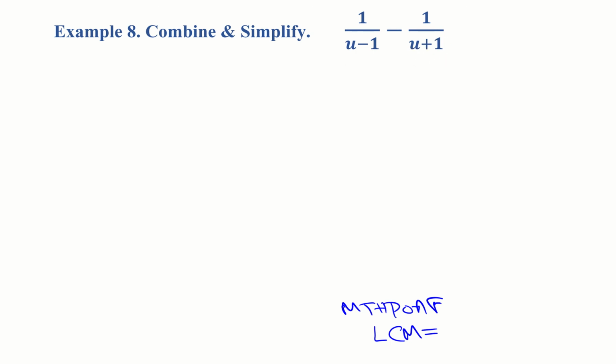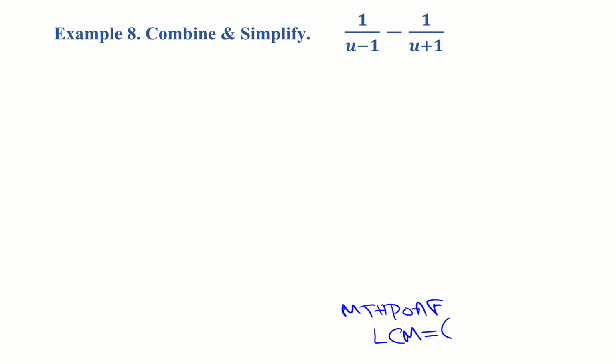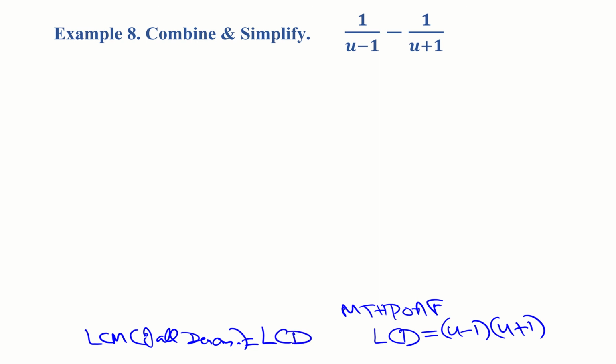So all we have to do is multiply those two by one another, and we end up with the LCM of the denominators, which technically speaking is now the LCD. Remember, the LCM of all denominators is called the LCD, the least common denominator.